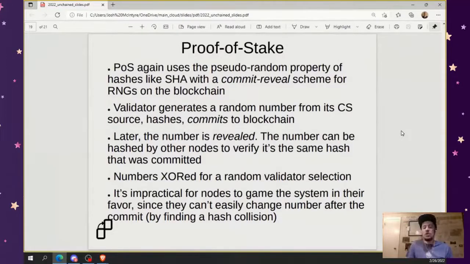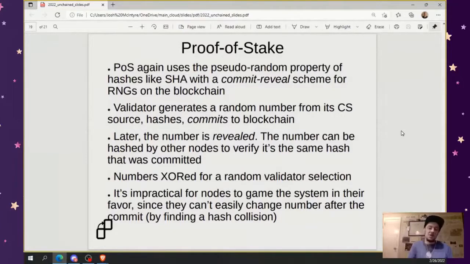The validators that are willing to stake more of their coins, like Ethereum, will have a higher chance of being picked as the person that gets to validate the block and get the block rewards. So with this mechanism, it's impractical for nodes to game the system in their favor, since they can't easily change their number after the commit.